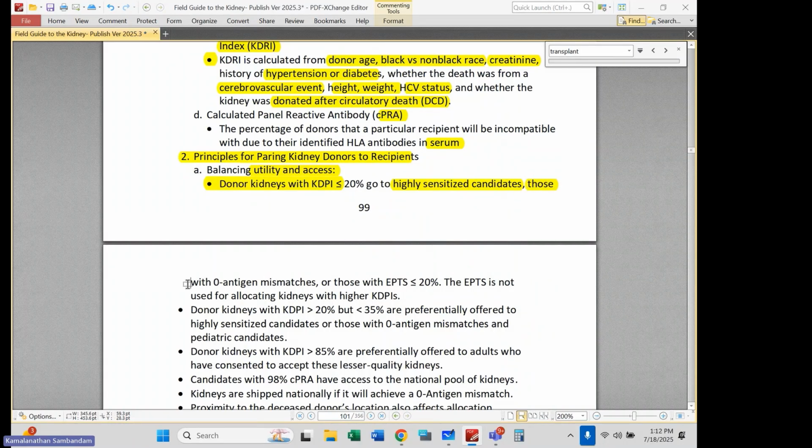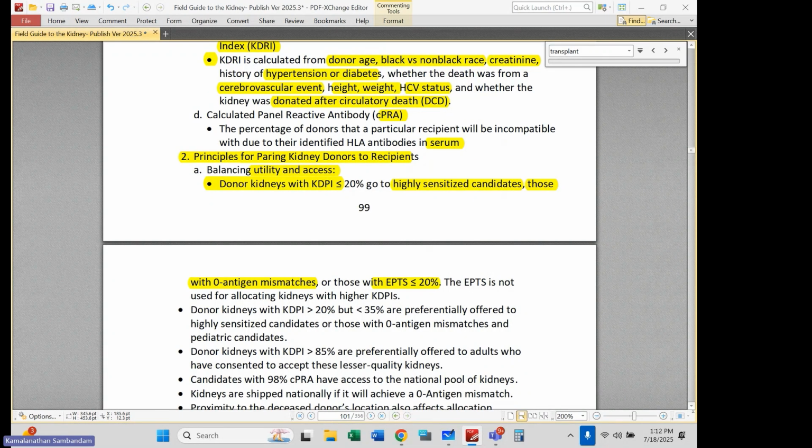Those who have zero antigen mismatches, remember we said there's a survival advantage when you match, 75% 5-year survival versus 65% 5-year survival. So even if you're an old patient, if you get a kidney that's a zero antigen mismatch, then you can jump to the front of the line, even though you might have an EPTS score that's relatively high.